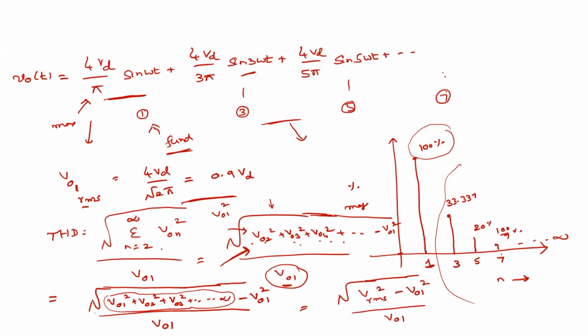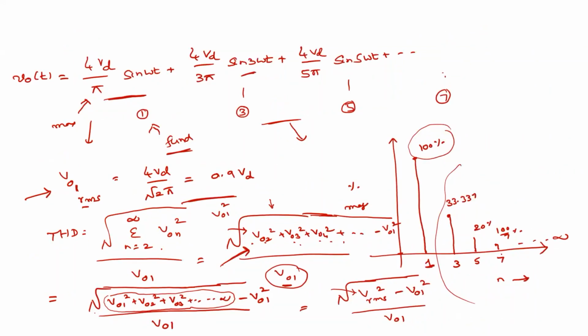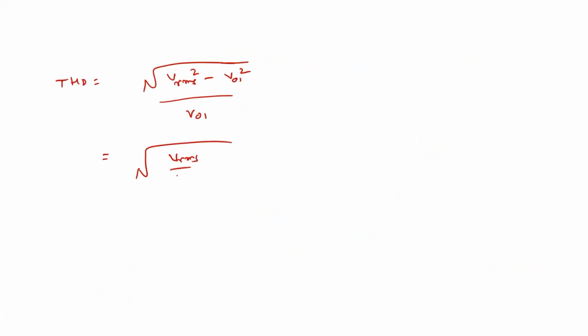So we have two RMS values. One is the fundamental component RMS value, and the other is the RMS value of the square waveform. What is the RMS value of the square waveform? VD, the peak value, is its RMS value. So THD can be written as the square root of VRMS square minus V01 square, divided by V01. In other words, it is the square root of (VRMS by V01) whole square minus 1.